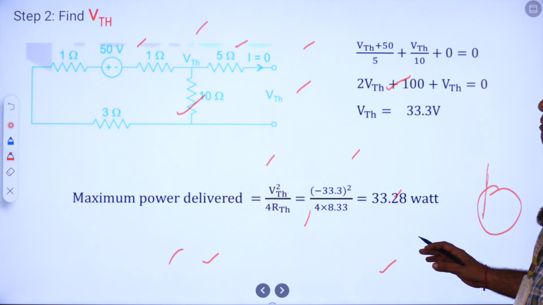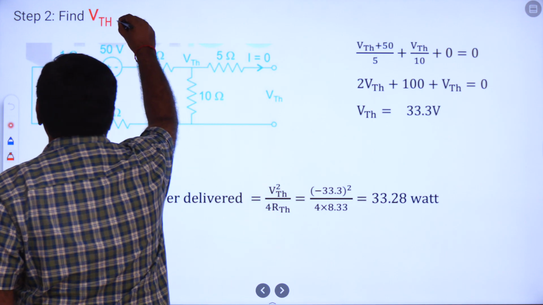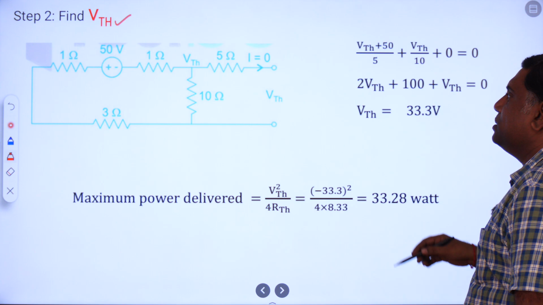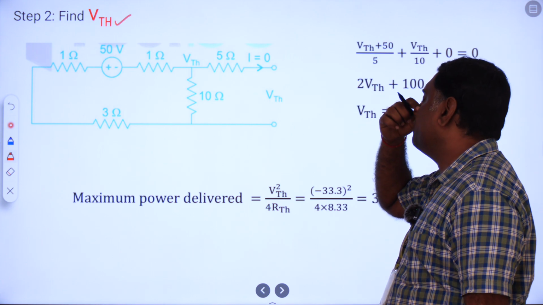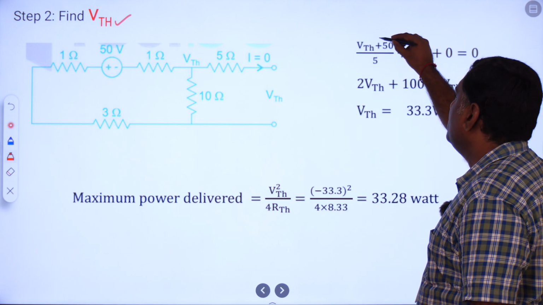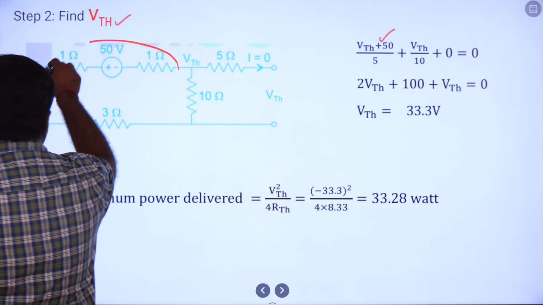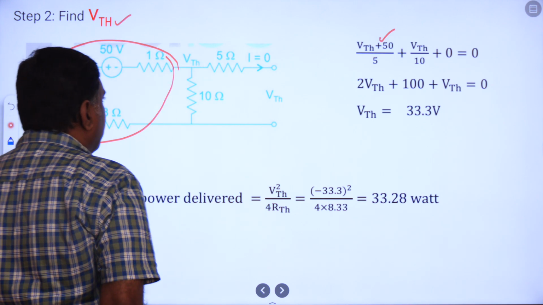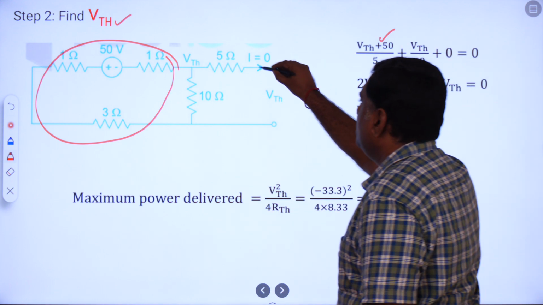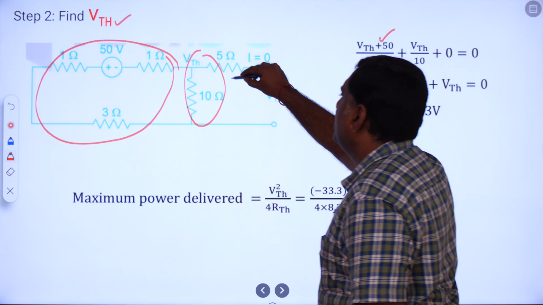Second, we have to find the V Thevenin value. What is our V Thevenin value? How are we able to find it? From the removed load terminal, we have to calculate that. So V Thevenin plus 50 by 5, plus V Thevenin by 10, then plus 0, because here there is no current flow.